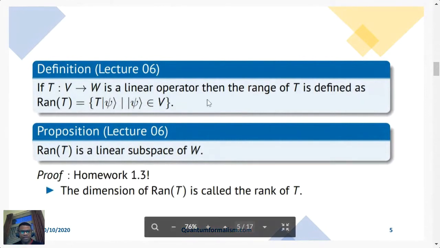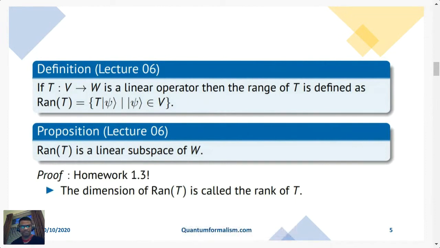Okay, cool. Another thing we saw was that if T is a linear operator, the range of T is defined like this. And then we saw that the range of T is indeed a subspace of W. I hope you were able to prove this, or at least saw the proof in the study materials.